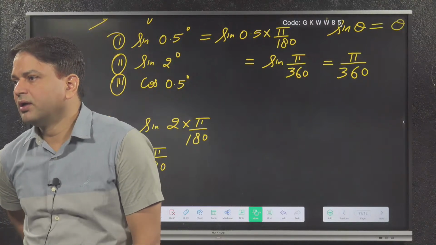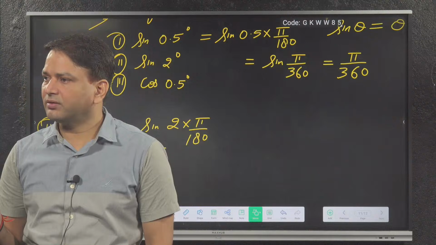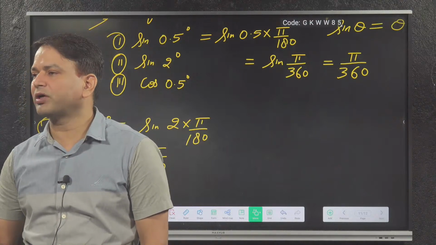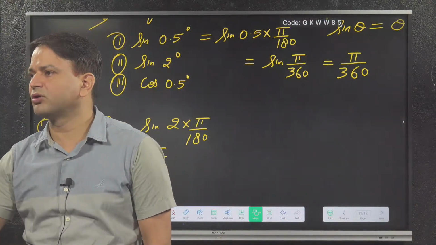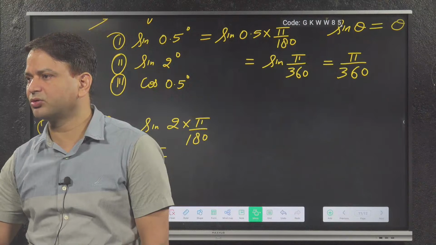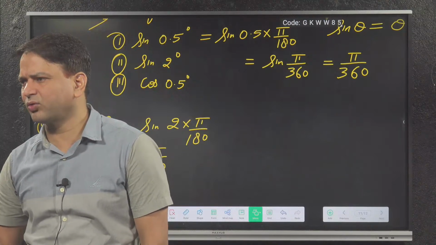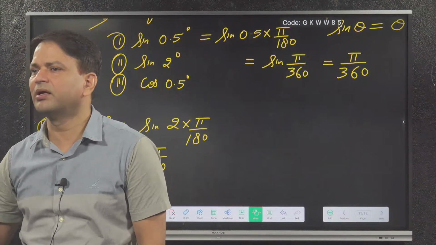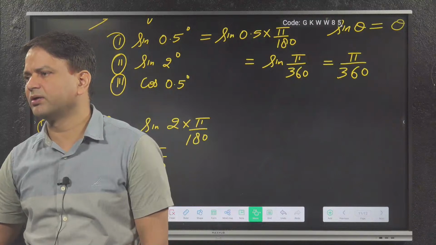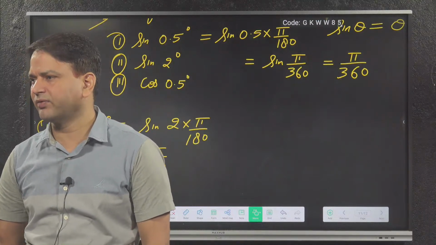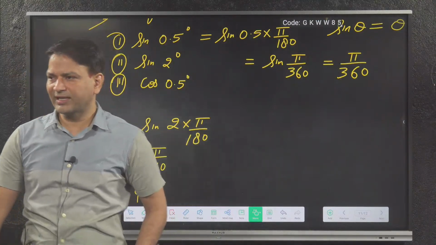Understood or not? So for sine theta and tan theta, closer to 0 angle, we will not write 0. We will write sine theta is equal to theta and tan theta is equal to theta. Wherever cos is required, we can go to the approximation and take that value as 1. 0.99 we can take as 1. That is approximation only.